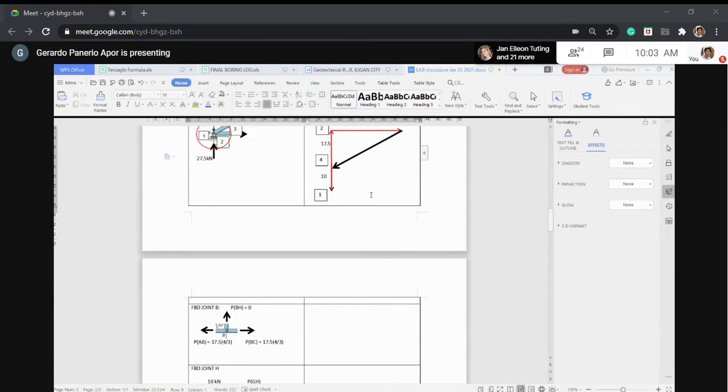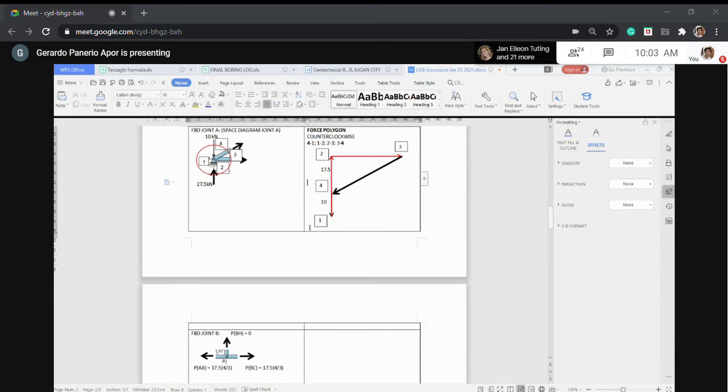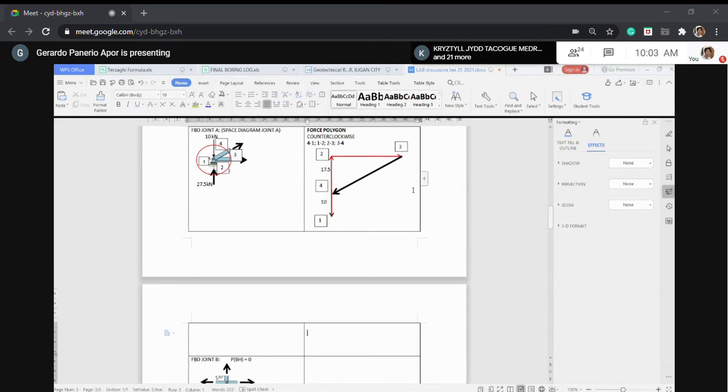Okay, so from this you can say that 2, 3, knowing that this is a 3, 4, 5 angle, you can actually use proportion.